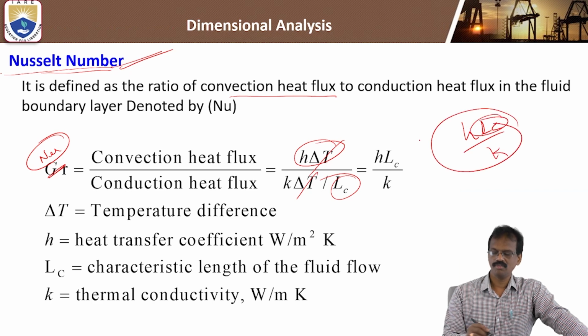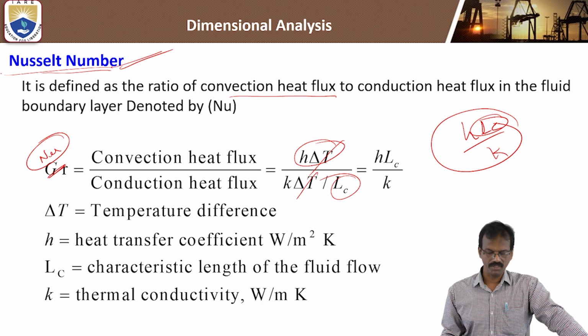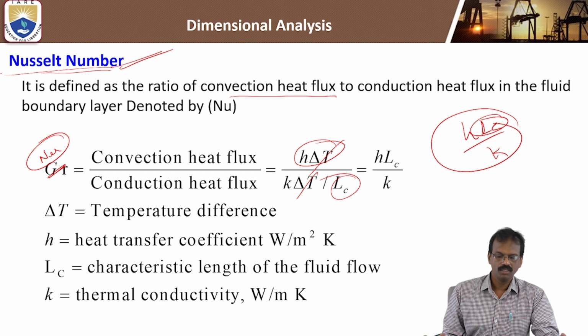So Lc is a very important parameter, that is the characteristic length. It depends upon the geometry of the body, what type of construction has been taken or will be taken for the fluid to flow.